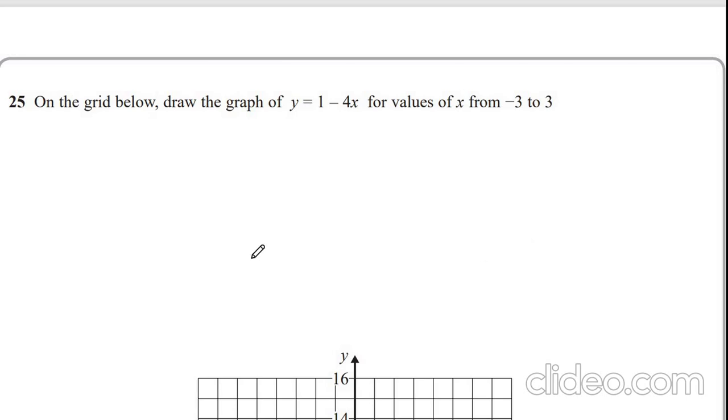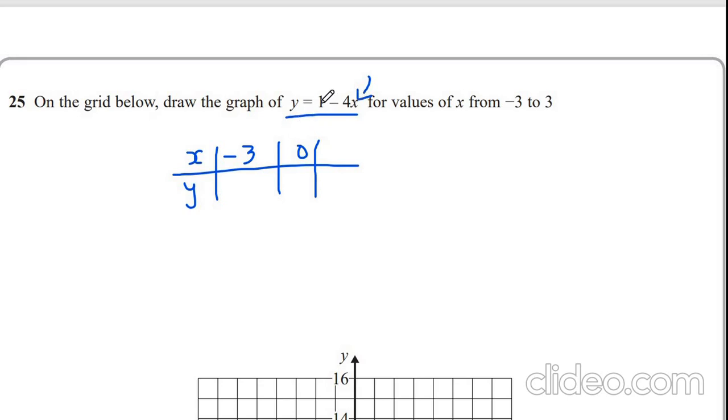We need to draw the graph, and so for that we need a table. So this is going to be a straight line. So if you can just take 2 points on the line, that should be good enough. So let's plug in x equal to -3 first.